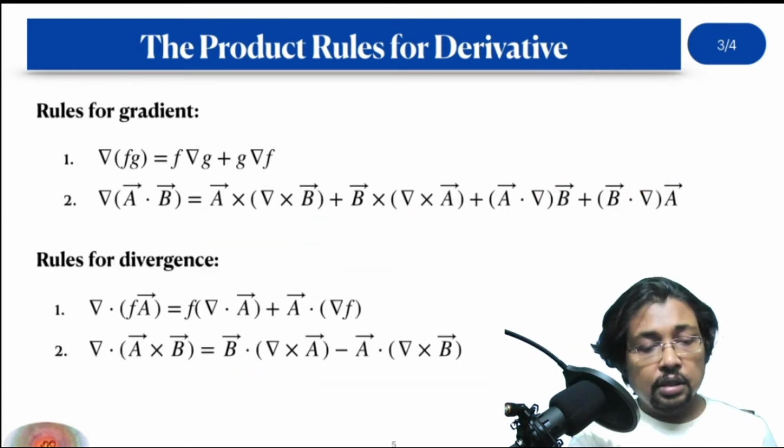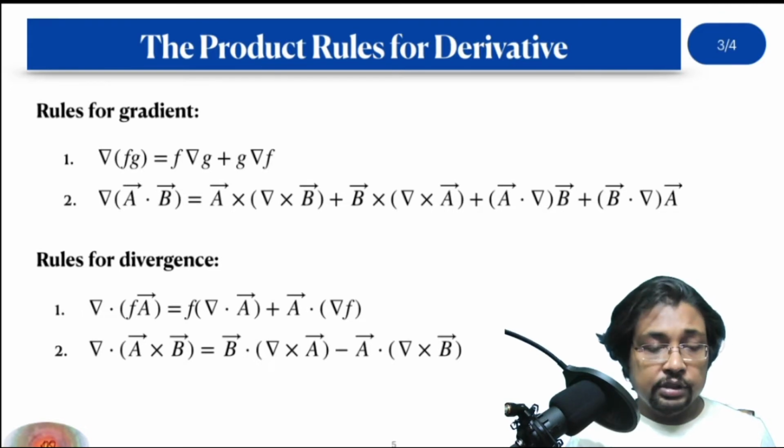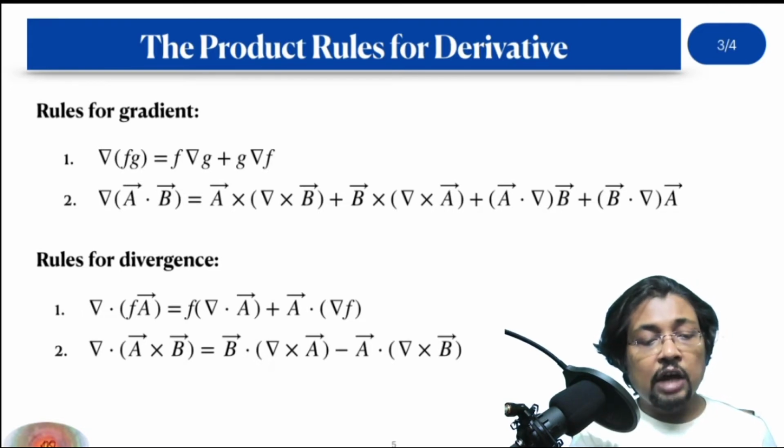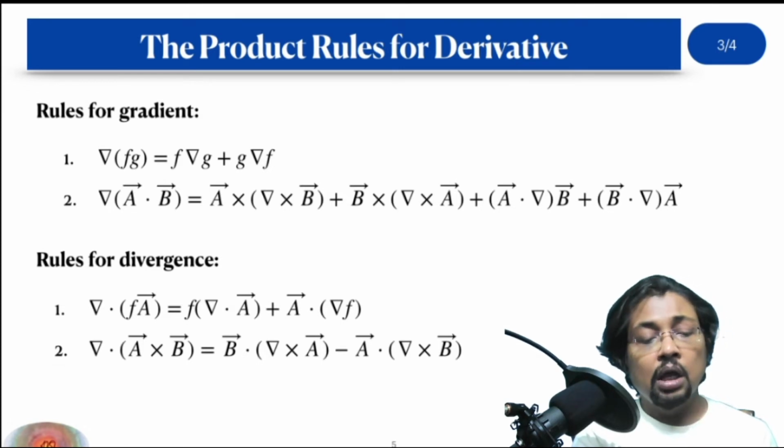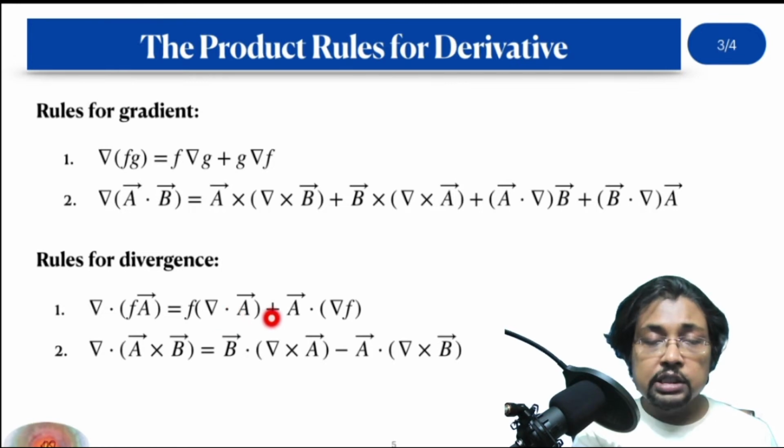Next are the rules for divergence. So here you can see the divergence when operated over the vector, where the vector is obtained by the product of a scalar with a vector. The divergence rules will be operated in a similar manner to what you have seen in the previous case. First you consider f is constant, that means the scalar function is constant, and you operate this operator over the vector as a divergence, plus next you consider the vector is constant and you operate this operator over the scalar as a gradient.